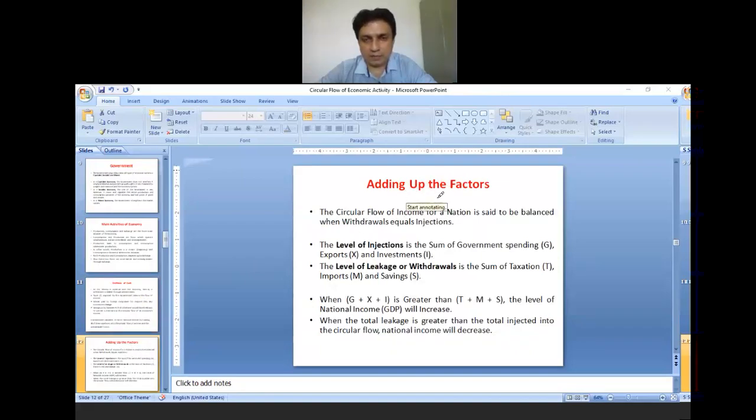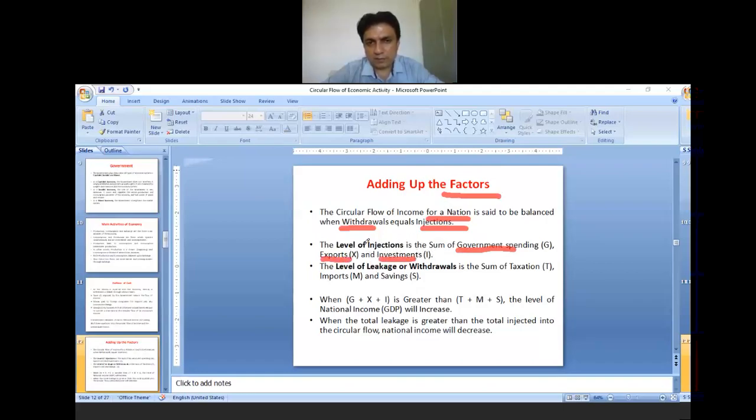Adding up the factors. Basically the circular flow of income for a nation is said to be balanced when withdrawals equal injections. Whatever money is inserted or transferred in the market is basically returned from the market. The level of injections is the sum of government spending, exports, and investments.